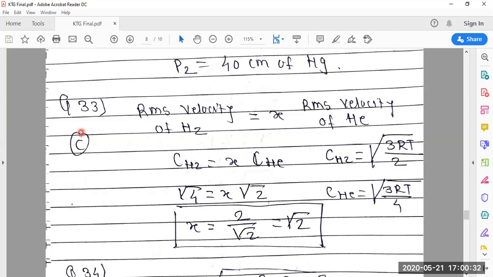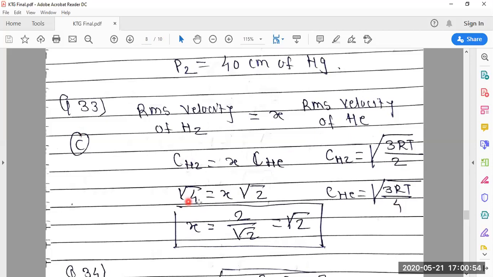The first condition is given: the RMS velocity of hydrogen is x times the RMS velocity of helium. Write down the equation of RMS velocity for hydrogen and helium: under root of 3RT upon the molecular weight for hydrogen, and the molecular weight for helium.